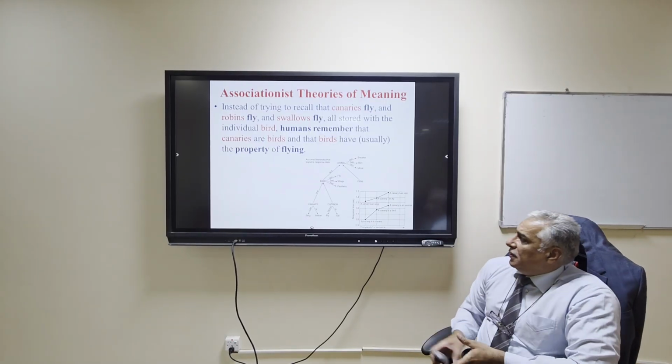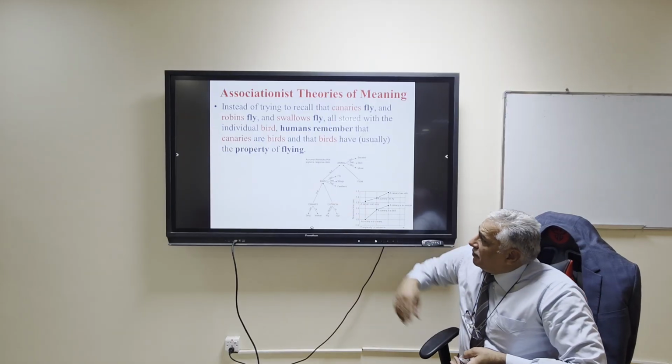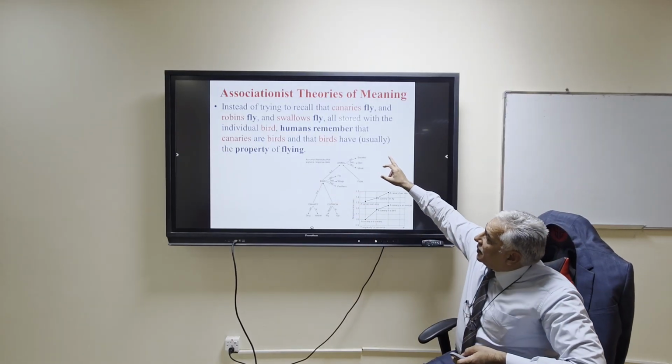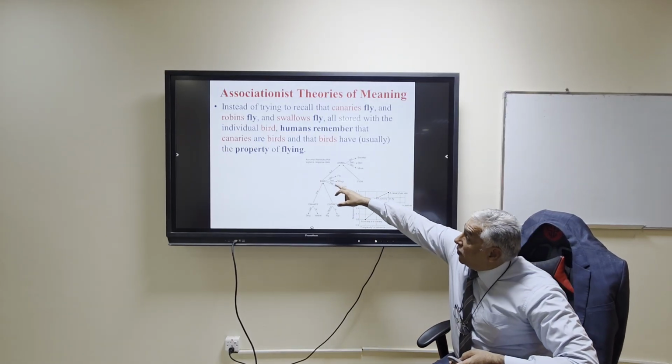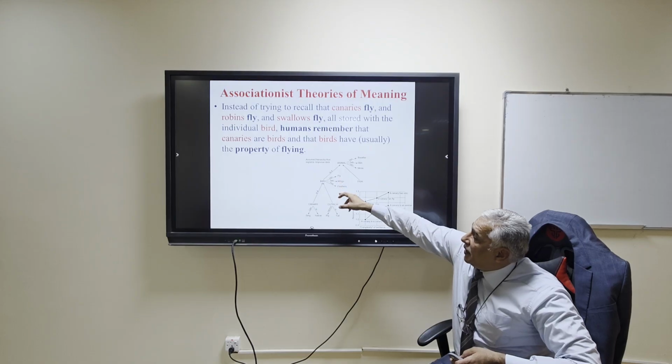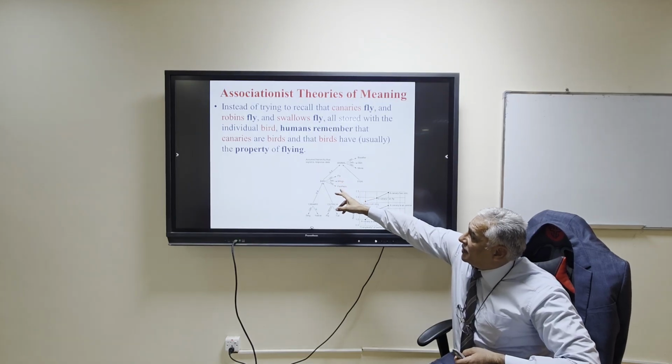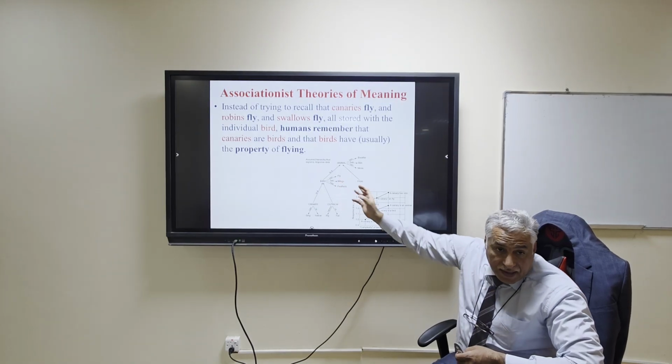For example, bird contains skin, wings, the feature of flying, and the feature of having feathers.